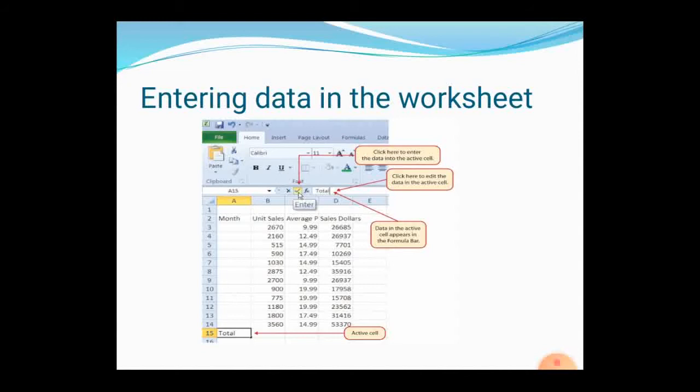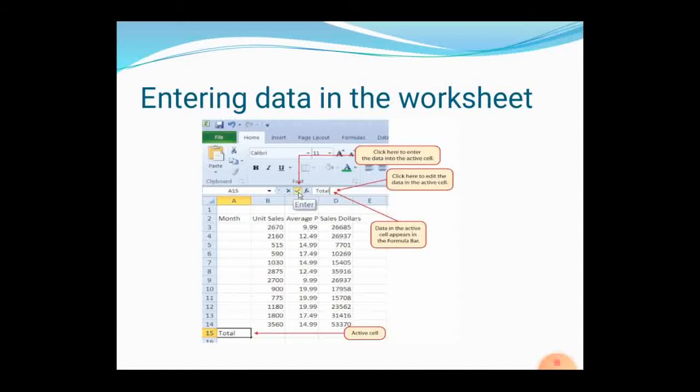How to enter data in the worksheet? Entering data is done cell by cell. You can press enter to move to the next line, or press the up arrow, down arrow, right and left arrow to move between the cells. Then you can enter your data.